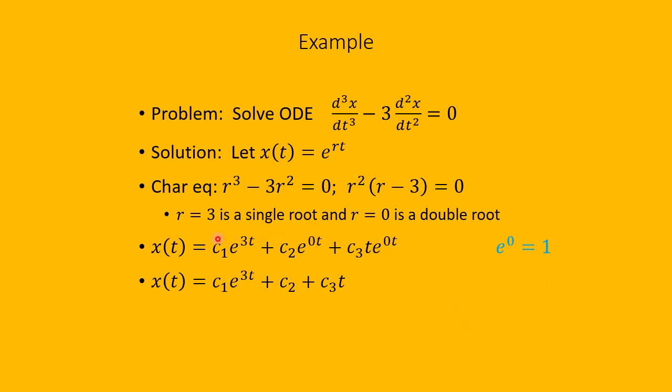So what we have here in this line can be simplified to c1 e to the 3t, which we have here, plus c2 times 1, which is just c2, plus c3 times t times 1, which is just c3 times t. So here is the general solution to this differential equation.